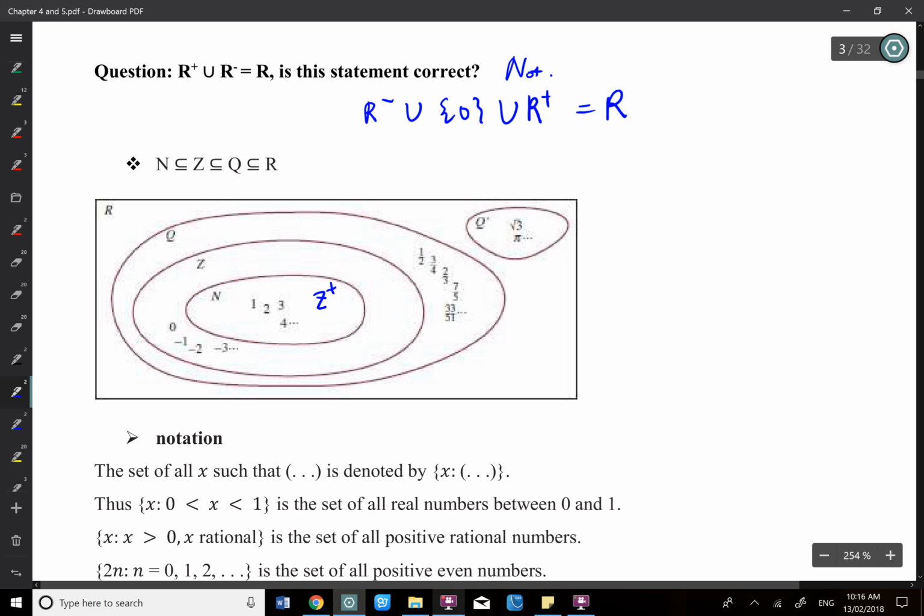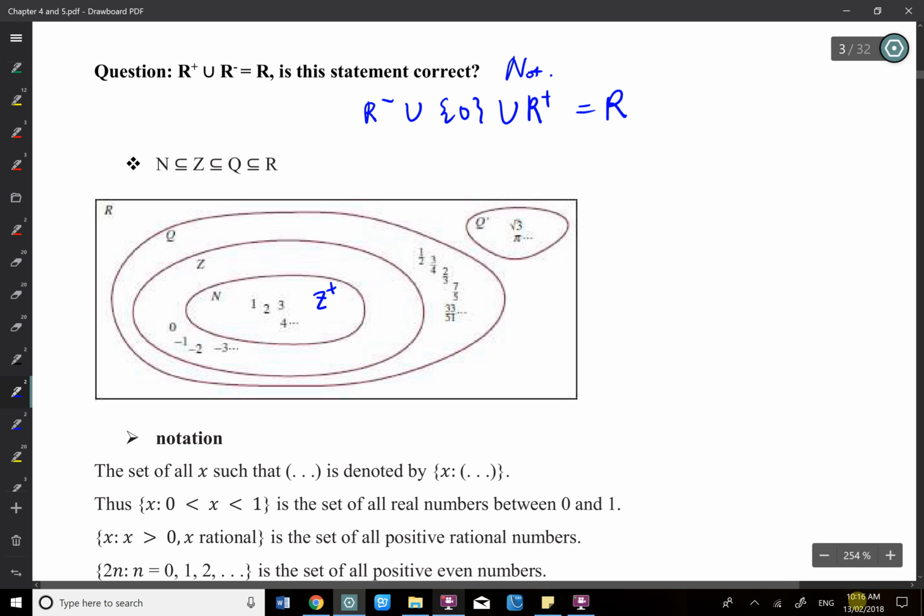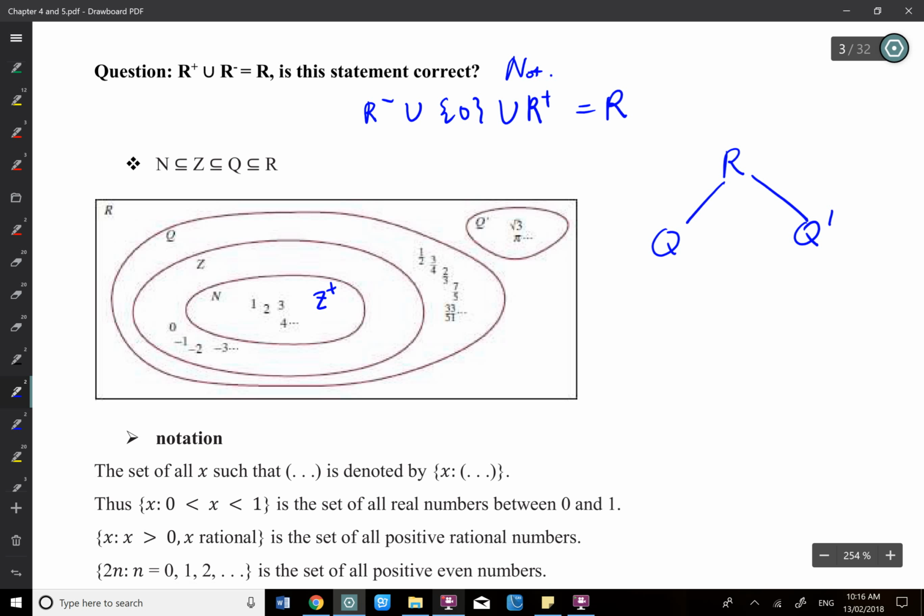We can see this Venn diagram: N belongs to Z, Z belongs to Q, Q belongs to R. So we have real numbers, which are separated into rational numbers and irrational numbers. A number can be put in fraction form, or cannot be put in fraction form. There are only rational and irrational.